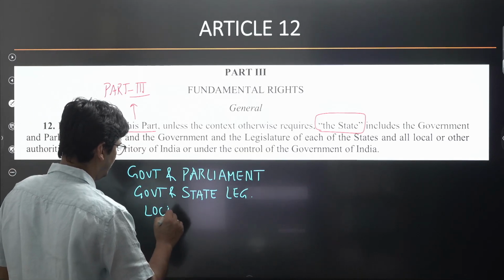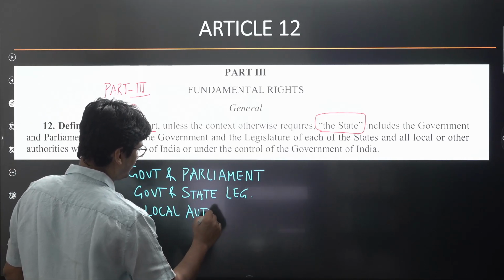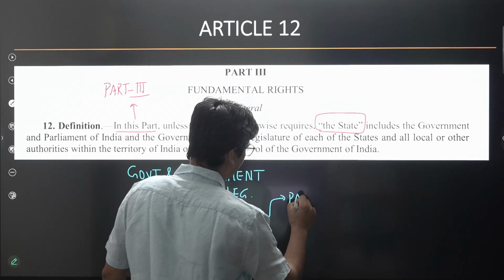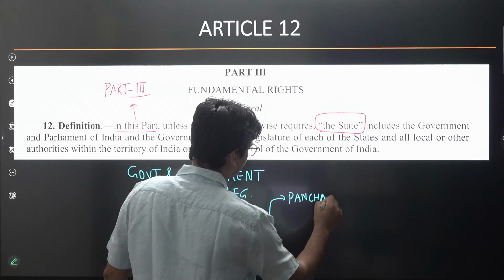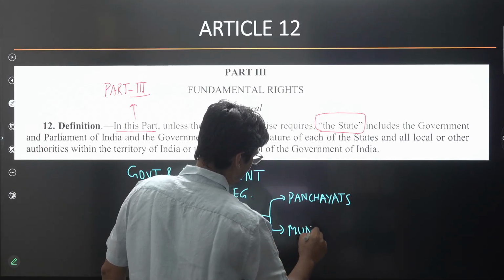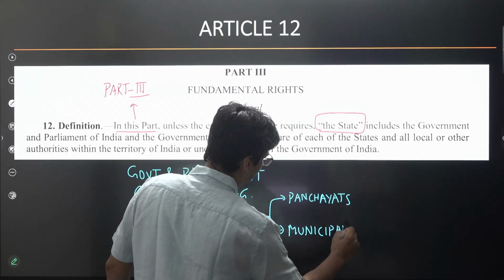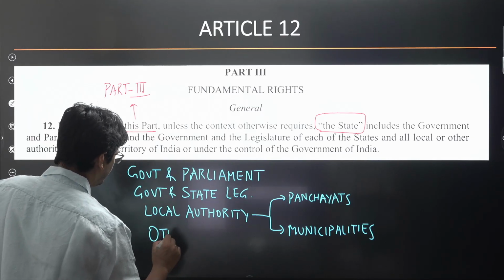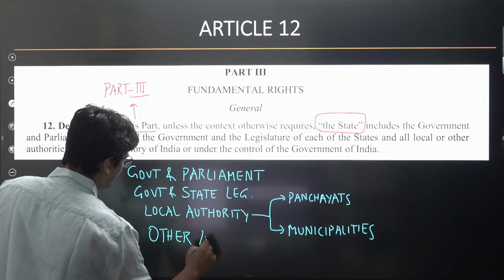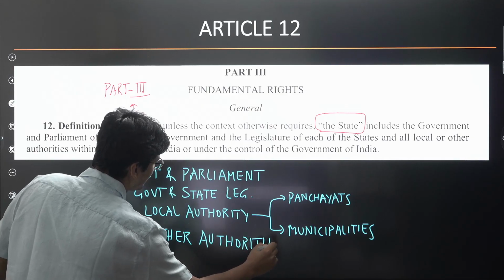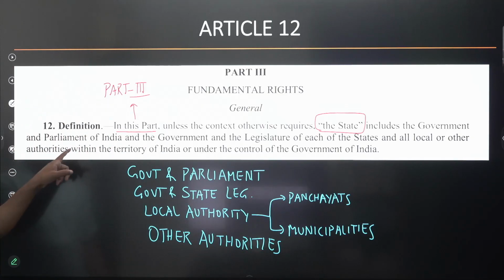So local authority, this local authority is with respect to panchayats and municipalities. And other authorities, within the territory of India or under the control of the government of India.